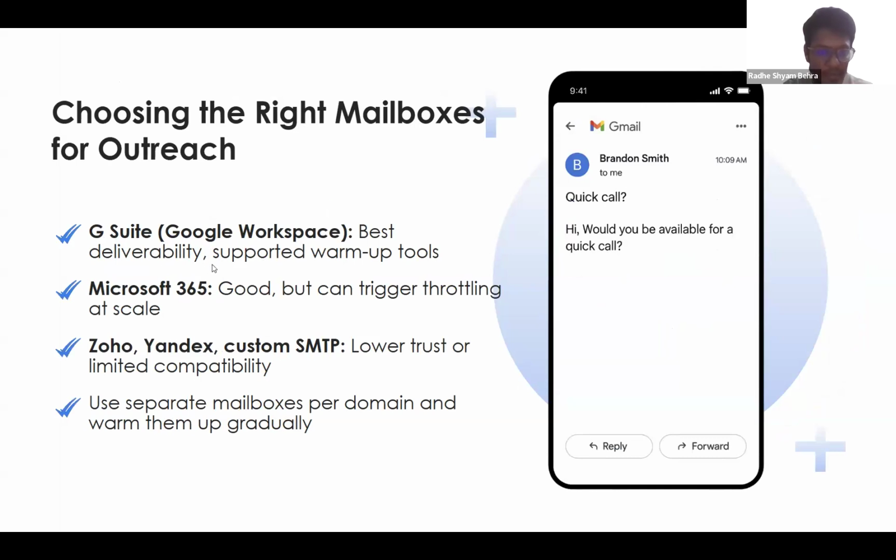They have better deliverability. Even the email warm-up tools that we will be talking about in a moment support them in a better way. G Suite and MS365 are supported better for warm-up, deliverability, and reporting.